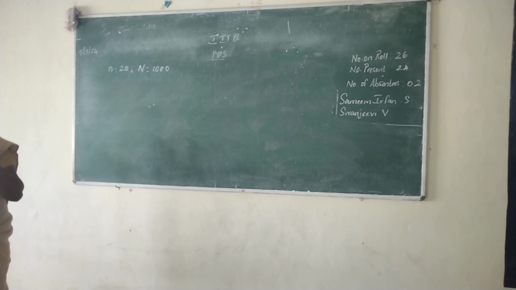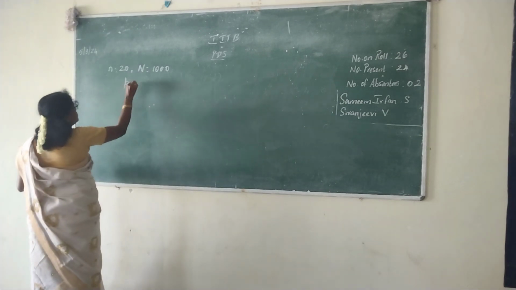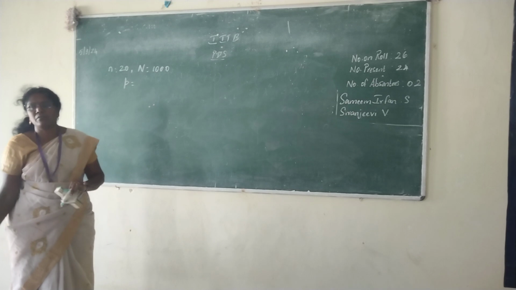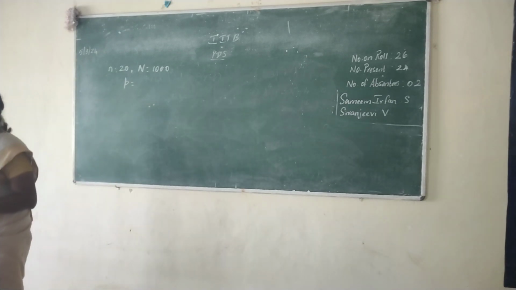Defective. Whatever you fix x for, you fix p for the same thing. Because x is the number of successes, p is the probability of success. So small p equal to probability of defective.